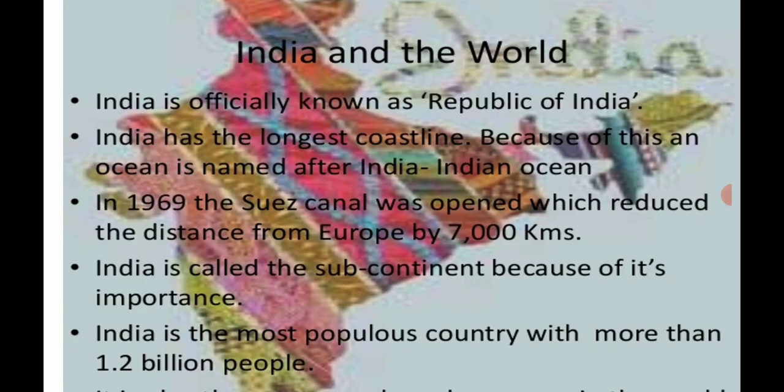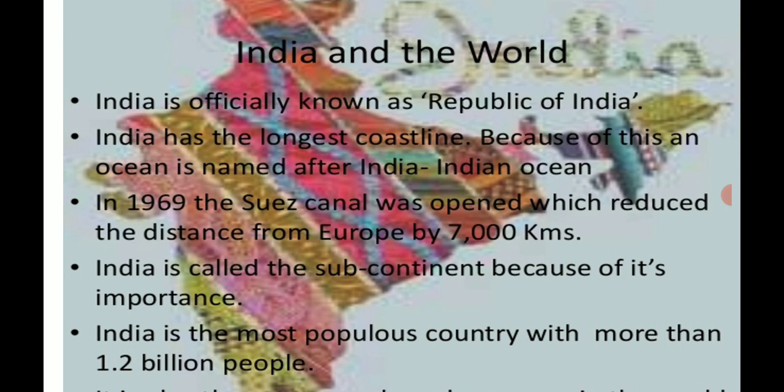Okay. Now coming to India and the world. How is the contact? Now India is officially called the Republic of India. India has the longest coastline. Because of this, there is an ocean that is named after India. We call it the Indian Ocean.